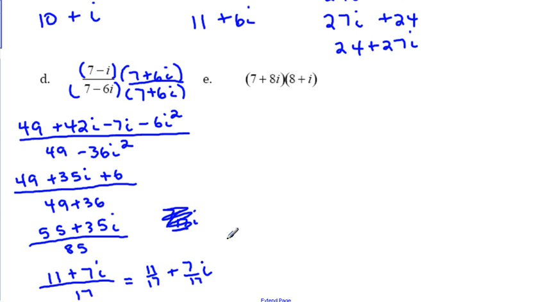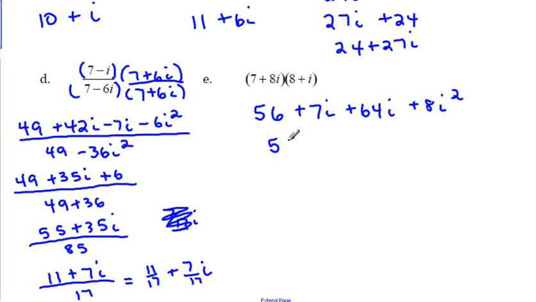Okay, moving on to E, I am foiling two binomials. So that's a very simple process. 7 times 8 is 56. Outer, 7 times i is plus 7i. Inner, 8i times 8 is plus 64i. And last, 8i times i is plus 8i squared.